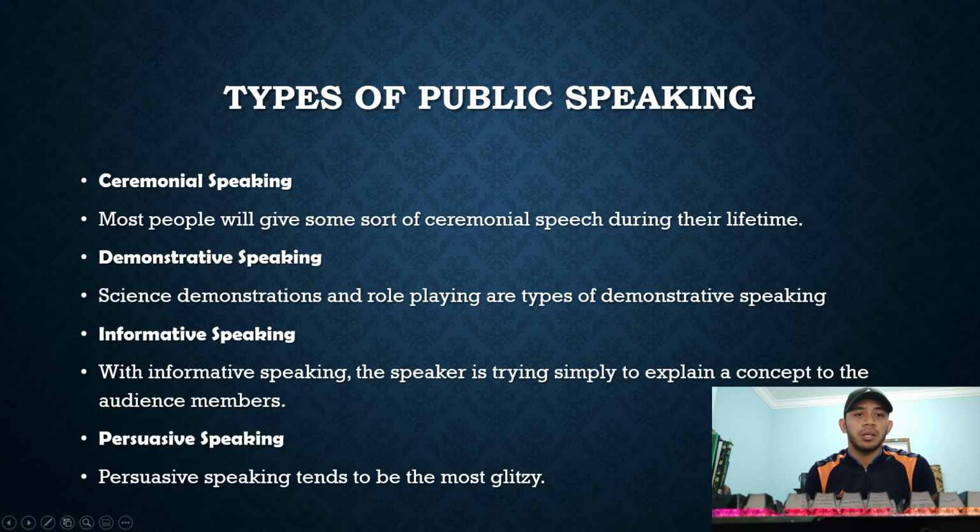This type of public speaking requires the ability to speak clearly, describe the action, and also perform the action while speaking. For example, the speaker wants to give information about how to use an oven, and he must also know how to perform and use the oven.